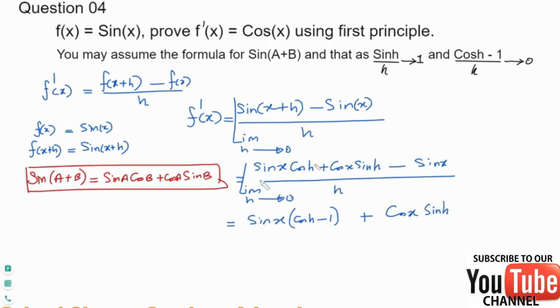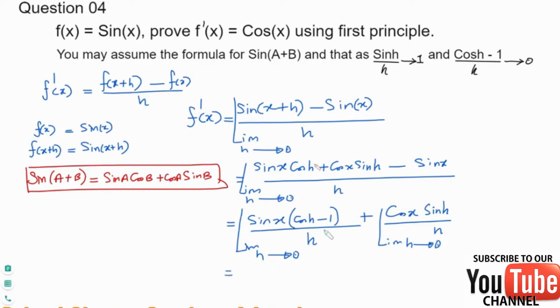Now the denominator h I'm going to split into two parts. So I write h here and h here, with the limit as h goes to 0 here and the limit as h goes to 0 here as well.